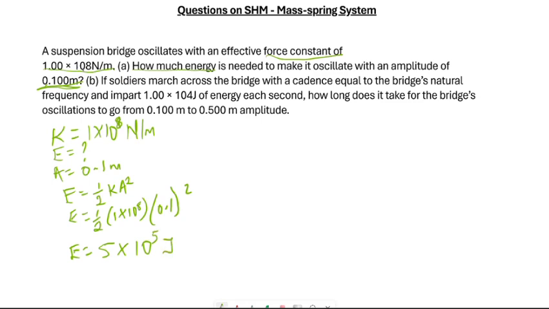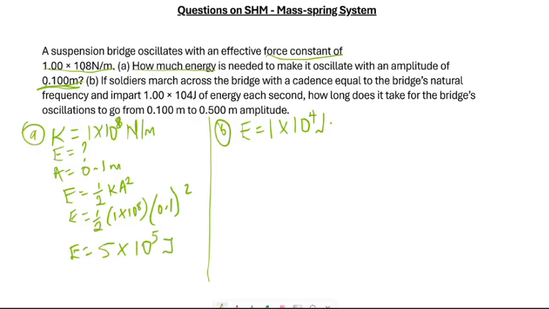All right. Now, for the second question, they said if soldiers march across the bridge with a cadence equal to the bridge's natural frequency and impact this. Now, the soldiers are the ones impacting their energy, which is 1 times 10 raised to power 4 joules on this bridge each second.